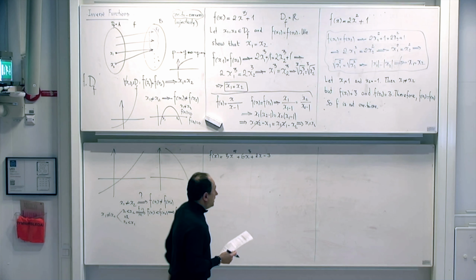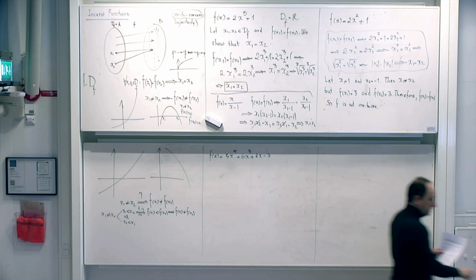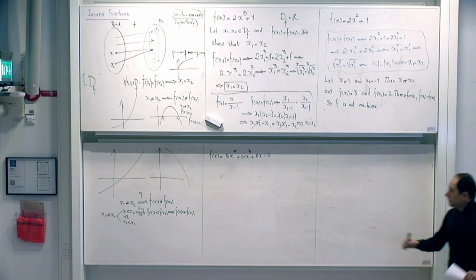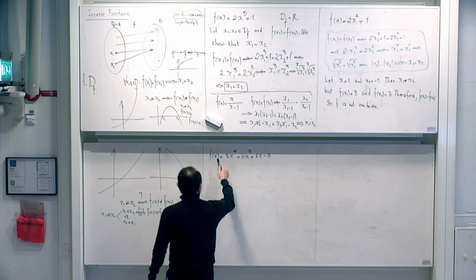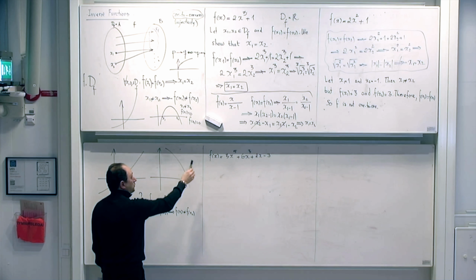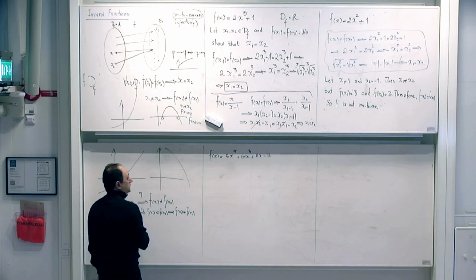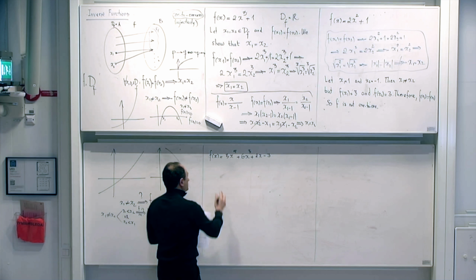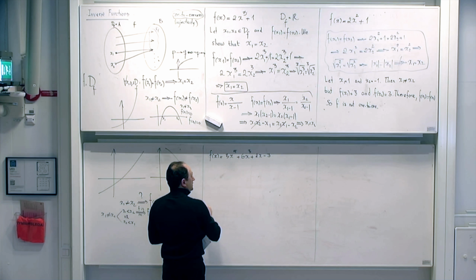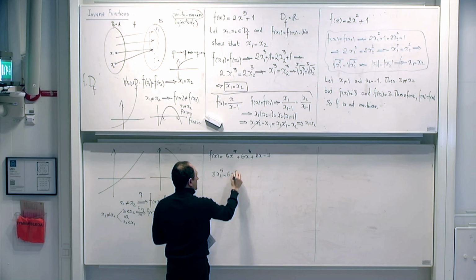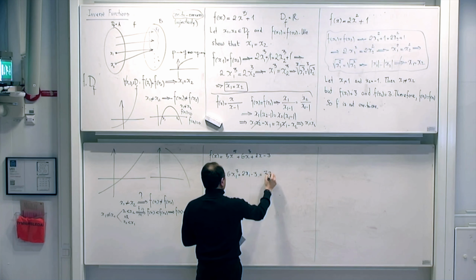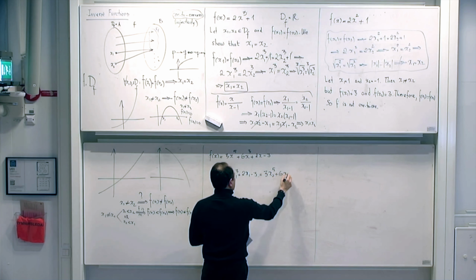I want you to feel that if I don't use this new idea and stick to the original definition, I am in a little bit of trouble. Because then you have to write f of x1 equals f of x2, so it becomes 3x1 to the power 5 plus 3x1 to the power 3 plus 2x1 minus 3, and equate it with a similar expression with x2.